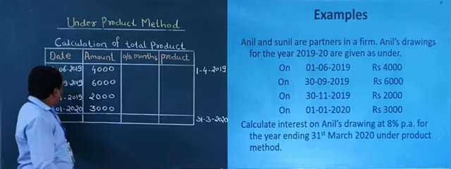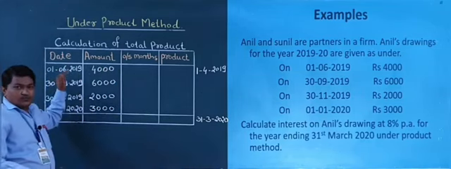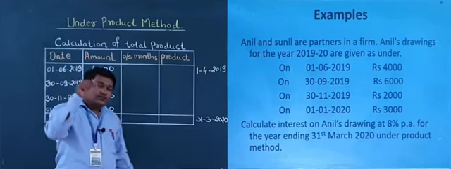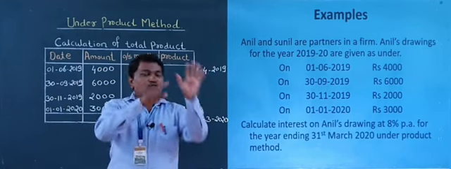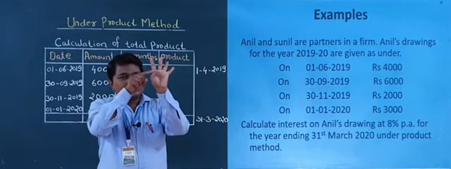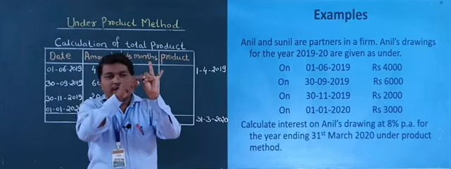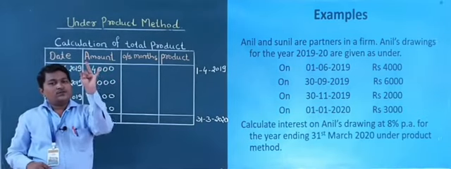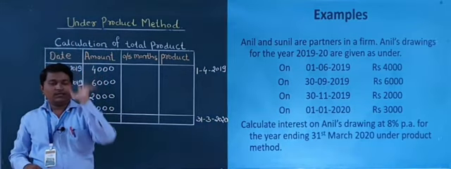I calculate 6 also, because during this month he used that amount. So he used 6, 7, 8, 9, 10, 11, 12, then 1, 2, 3.